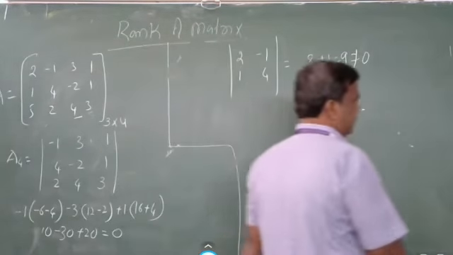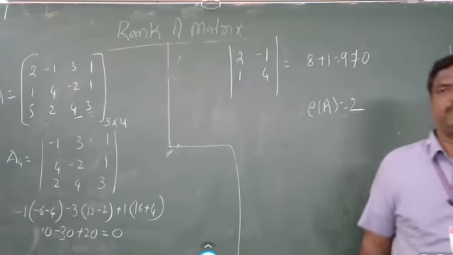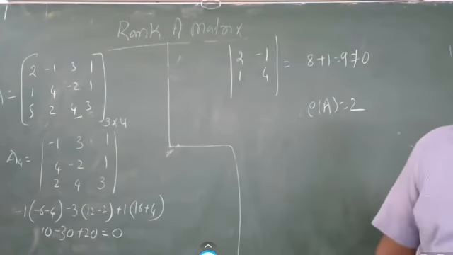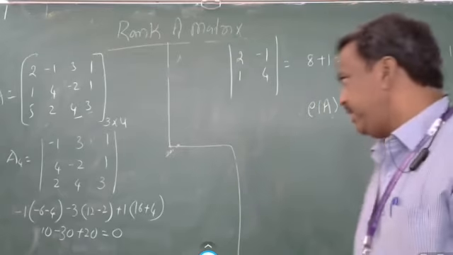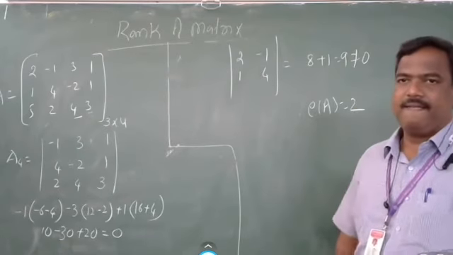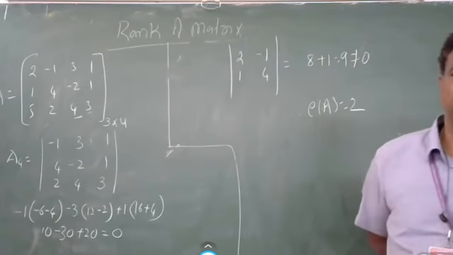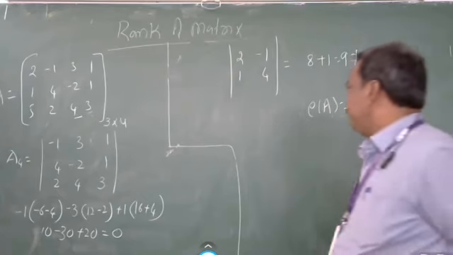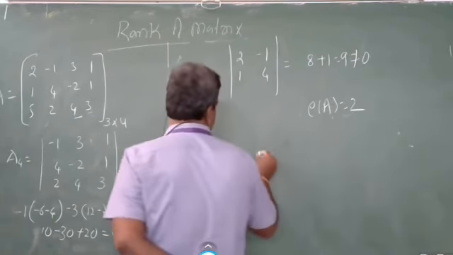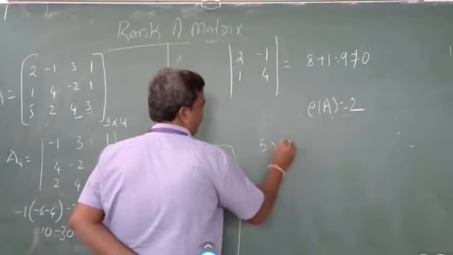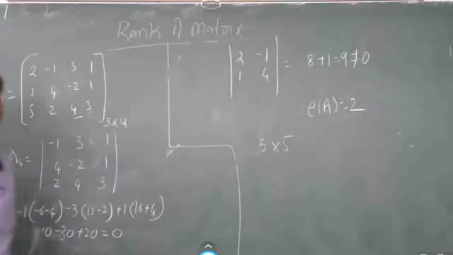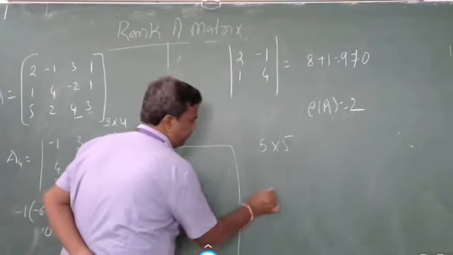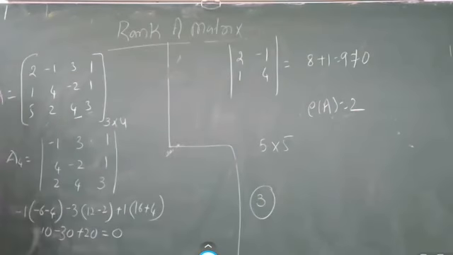See this? There is some disadvantage in this procedure to find the rank of matrix using determinants. Why? Suppose you are taking one 5 by 5 matrix and the rank will be 3.